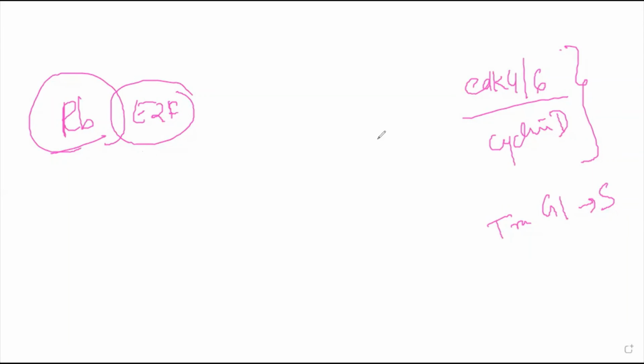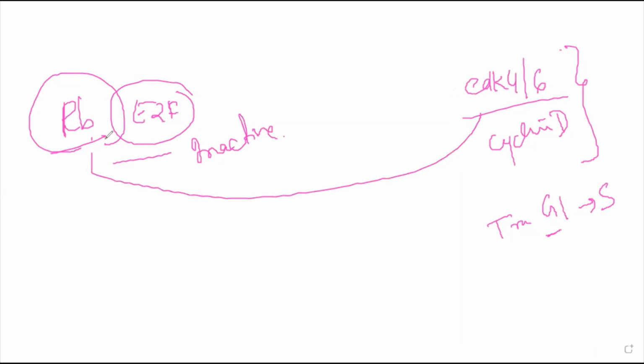So in the G1 phase, this is inactive. Now, once the cell is in the G1 phase, CDK4/6 cyclin D is active. This will go and phosphorylate your retinoblastoma, which will result in the dissociation of RB from E2F. Now E2F is active.